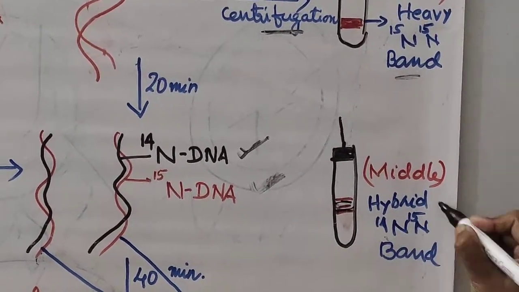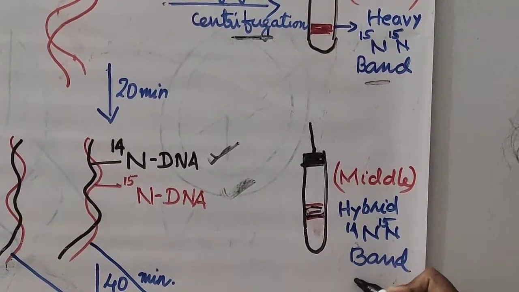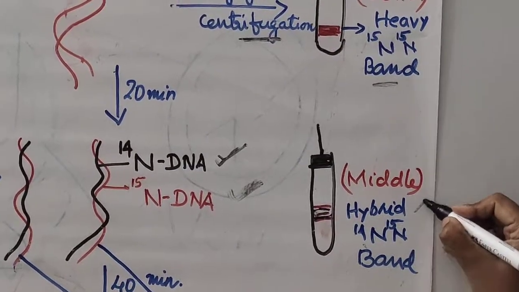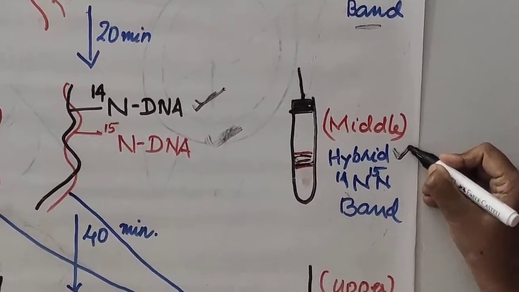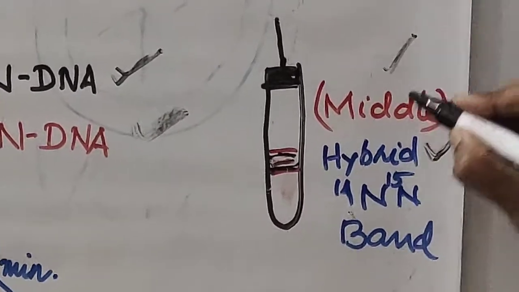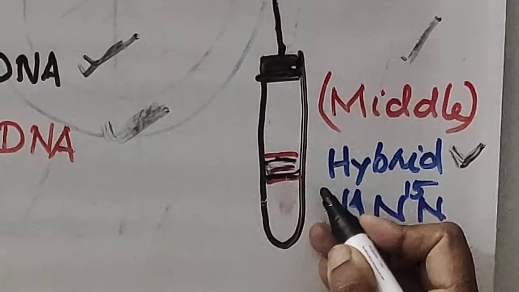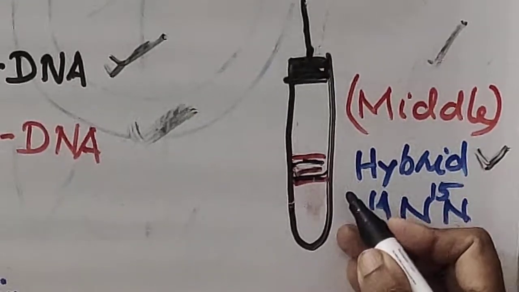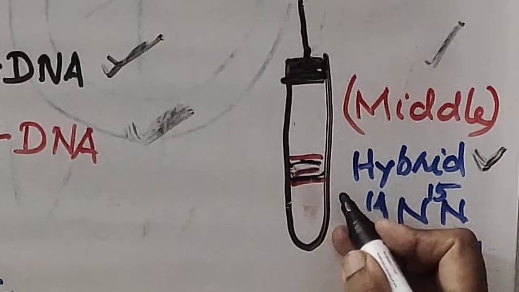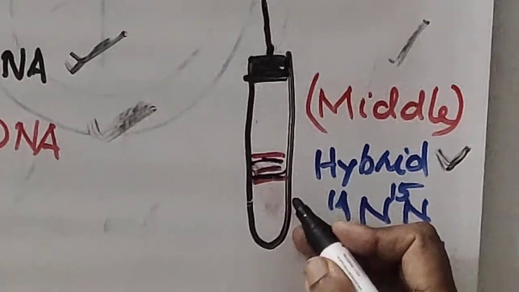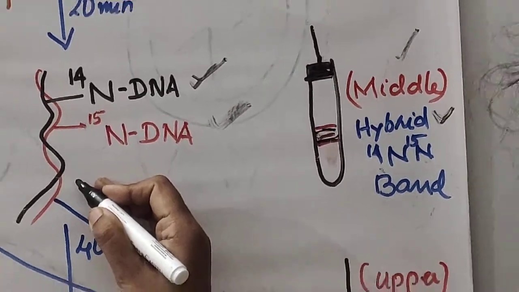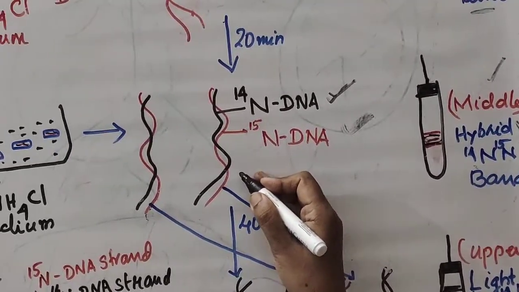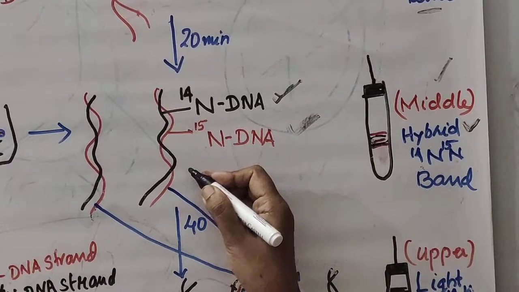Since both nitrogen isotopes were found, it is a hybrid. This hybrid DNA settled at the middle band. So from this you can understand that this has a mixture of N15 as well as N14.